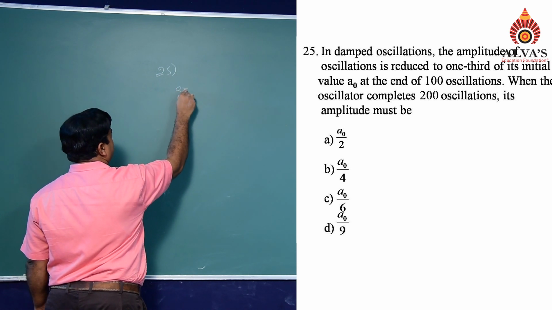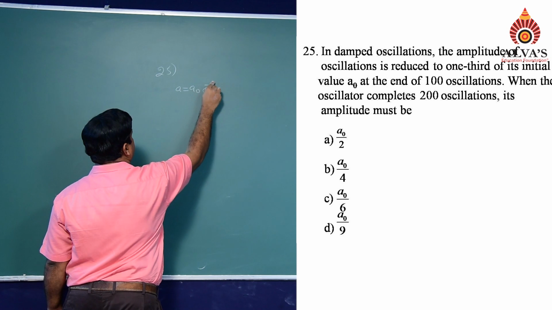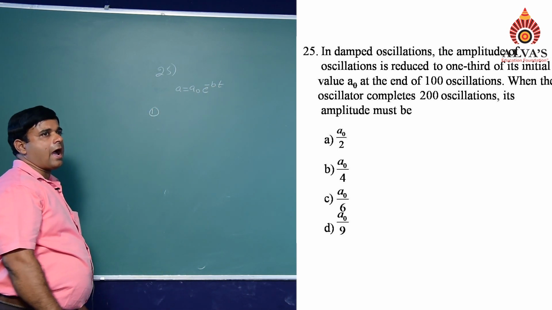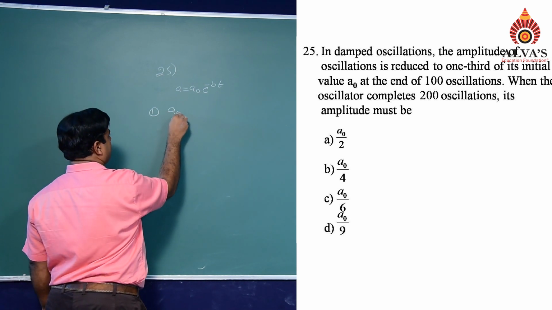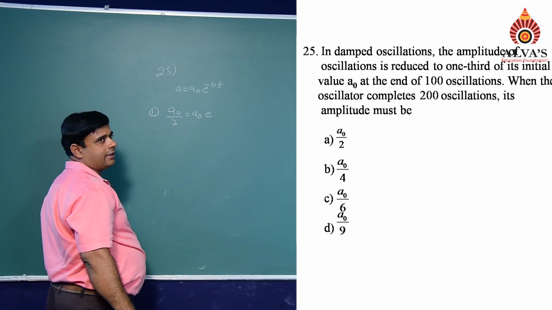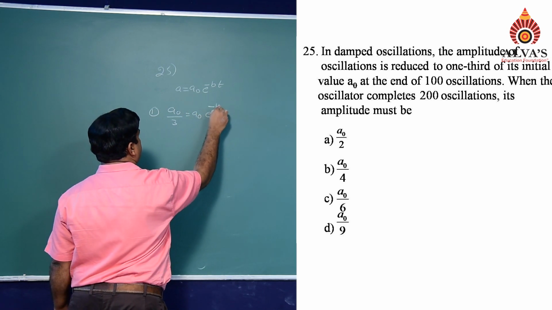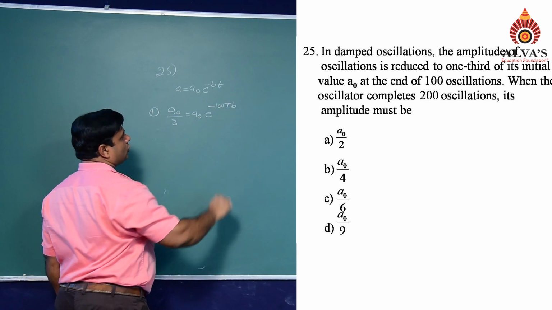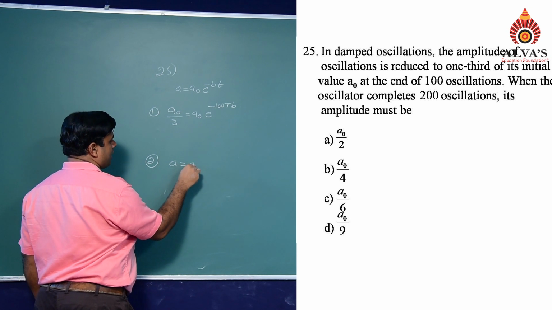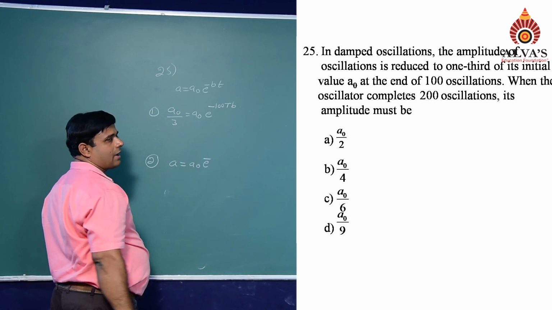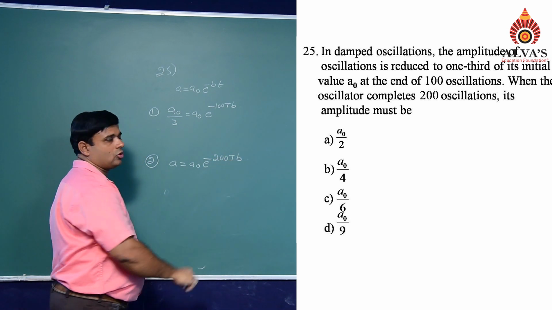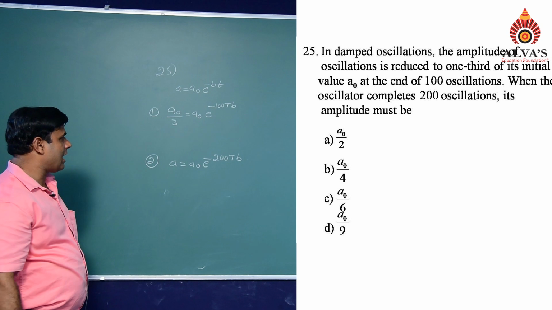Amplitude A is given by the formula A naught e to the power minus B into T. In the first case, amplitude is 1/3 A naught. Time taken is 100 times the time period, so 100 T into B. In the second case, amplitude is required, which is A naught e to the power minus B into time, where time is 200 times the time period.